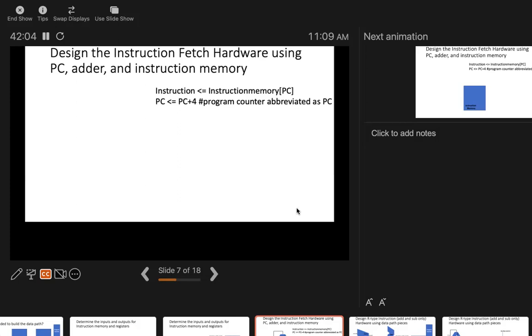Maybe there are 2 inputs. So okay, PC. Instruction memory takes the PC at the same time.